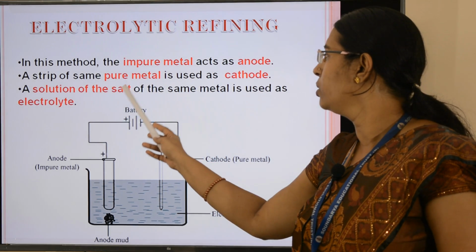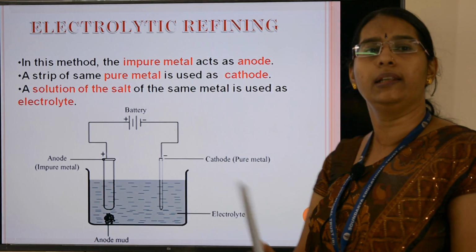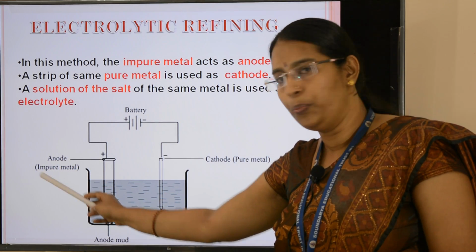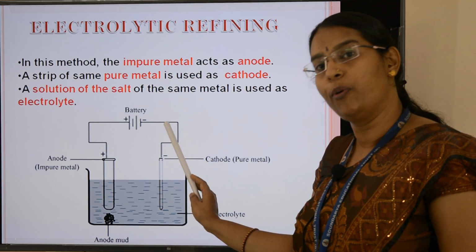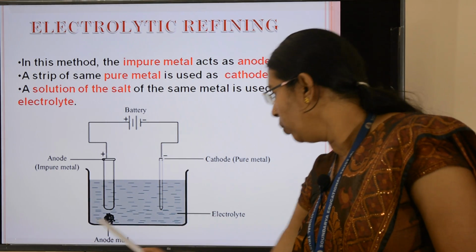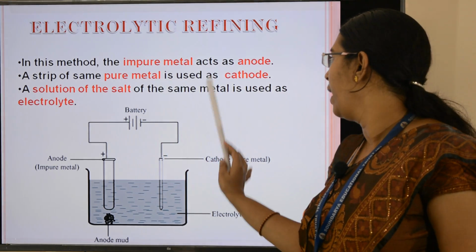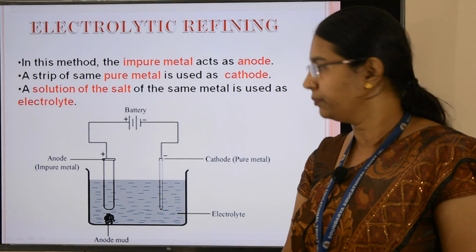A solution of the salt of the same metal is used as the electrolyte. So anode is impure metal rod, whereas cathode is thin strip of pure metal, and electrolyte is the aqueous solution of the salt, taken in the electrolytic tank.